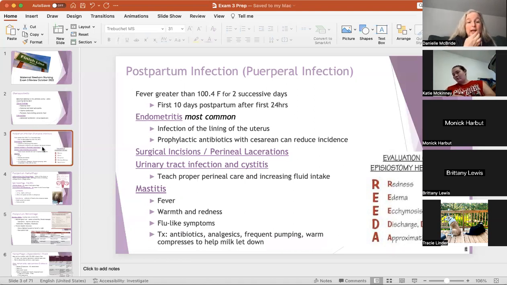All right. What's infected with endometritis? So with like the stuff that's grown outside the uterus? Not quite, but I see where you're going with that. Isn't it the lining of the uterus? Yeah. Okay. So if we think all the way back to week 2 or even week 1 when we looked at the structure, the uterus has a myometrium, which is the muscle fibers, and it has an endometrium, which is the inner lining.